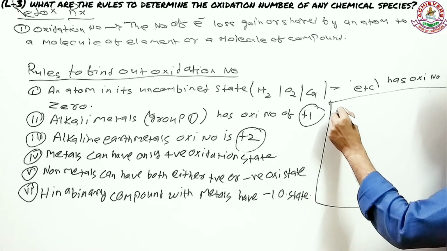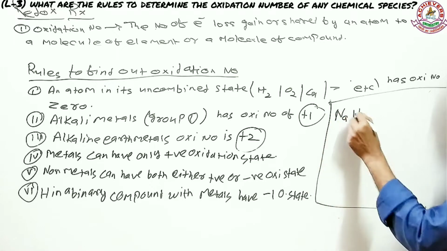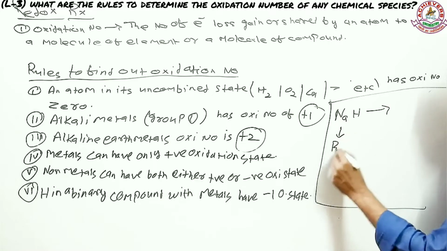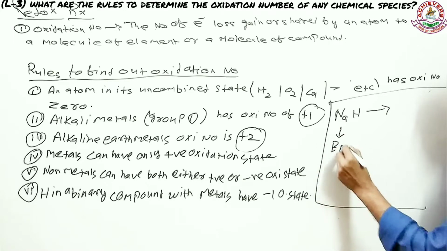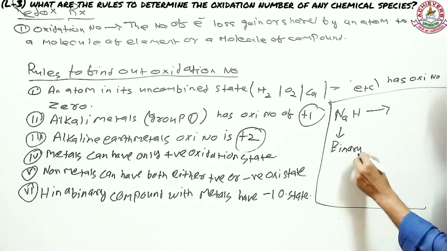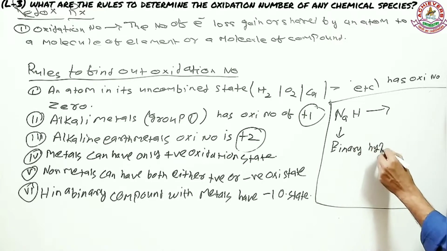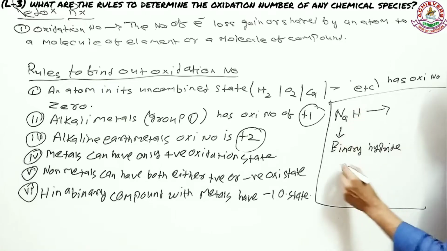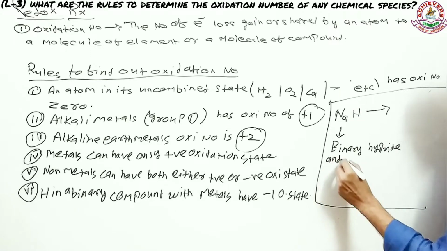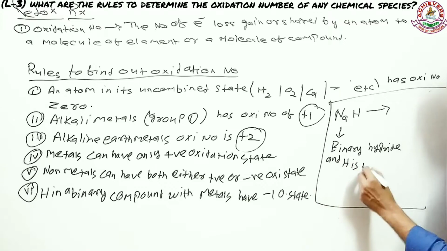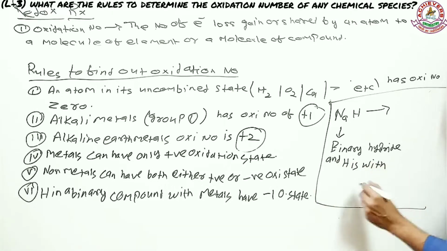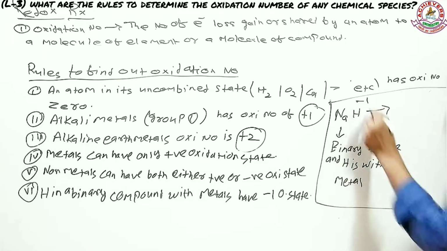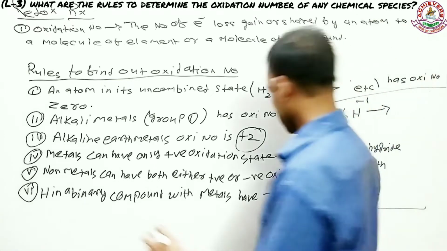Suppose sodium and hydrogen form a compound. This is a binary hydride, and hydrogen is with a metal. That's why hydrogen is going to have a -1.